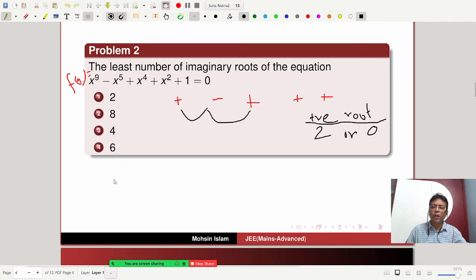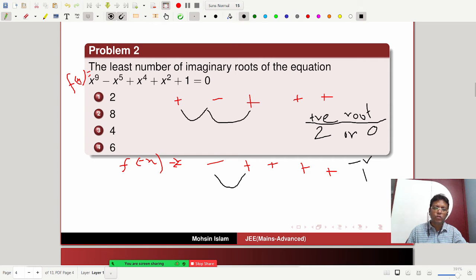Let us find out the negative roots. How many negative roots? Let us replace x by -x. The signs will be minus, plus, plus, plus, plus, plus. So there is only one variation of sign in the case of f(-x). So there is only one negative root.